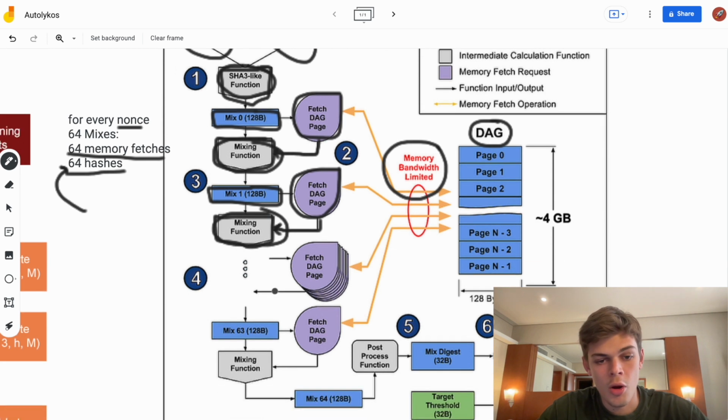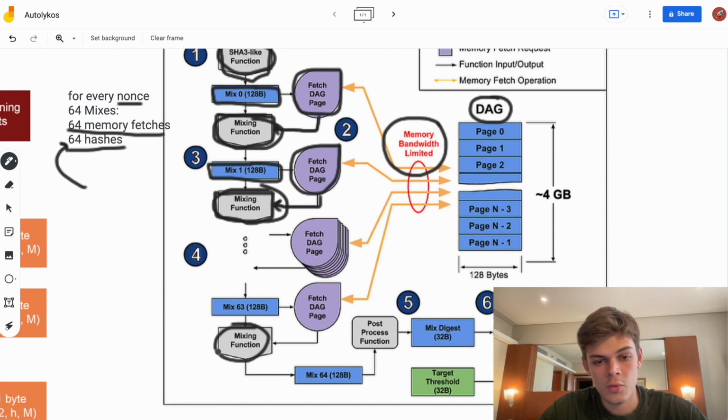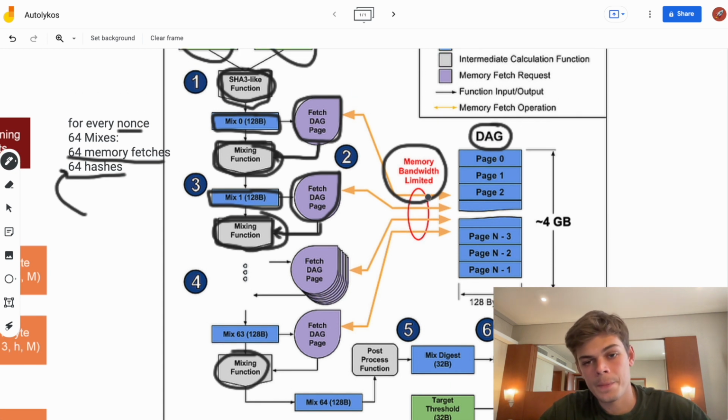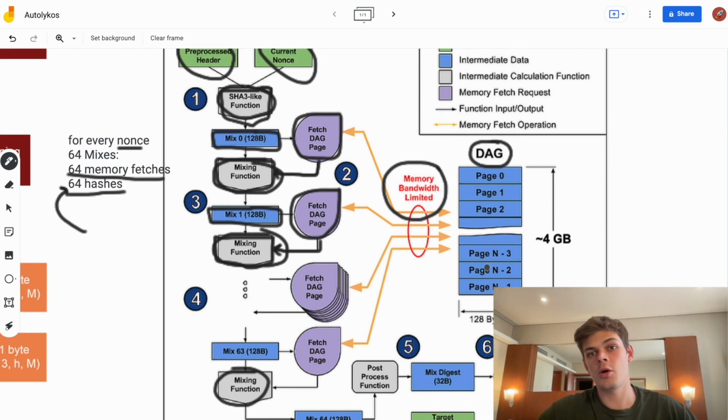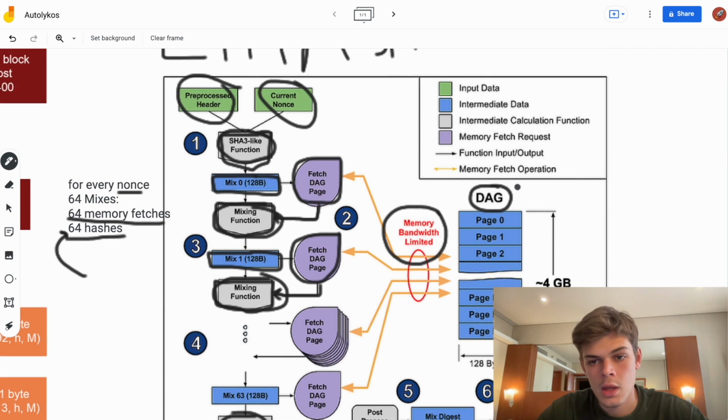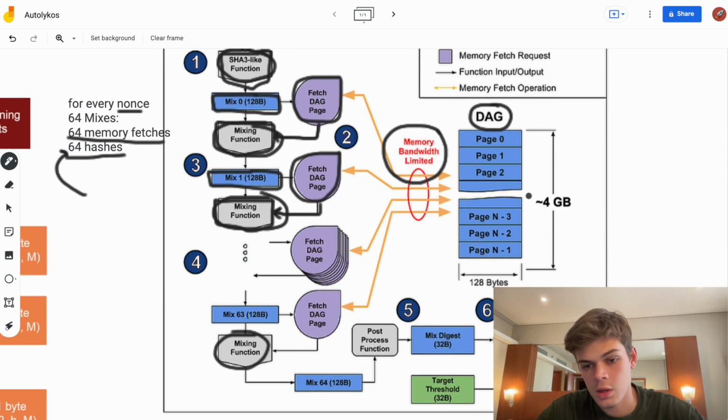So ASICs just increase the speed at which all these hashes take place, but the speed of the memory fetches is basically the same as a GPU, right? Because it's using optimized memory, which is DRAM, which is used by pretty much all memory in our devices to an extent.